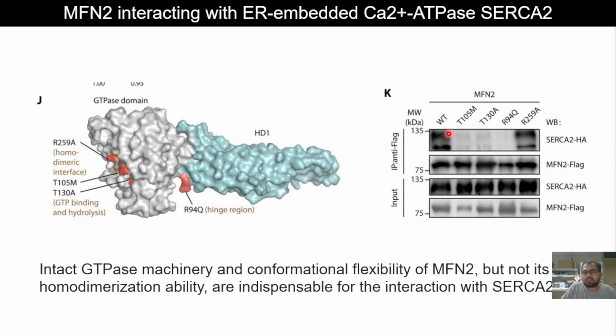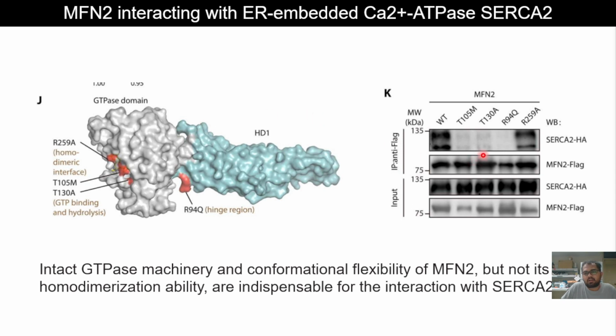If you see in these three point mutated variants, there is no interaction between SERCA2 and MFN2, but there is still an interaction when this particular point mutation, R250A, is made, which means that this particular site is not involved in the interaction between SERCA2 and MFN2. And this particular site, R59A, is responsible for MFN2 homodimerization.